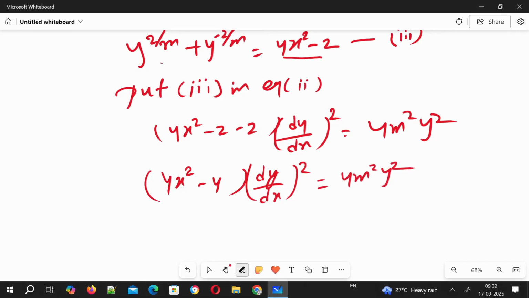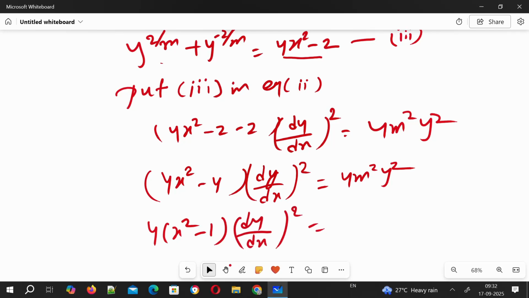So take a 4 common: 4 times (x square minus 1), and you can write in this form, and take also 4 common from this side. So now you can write this.